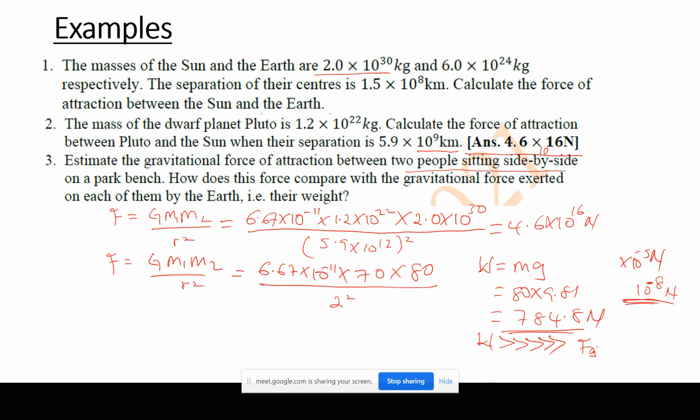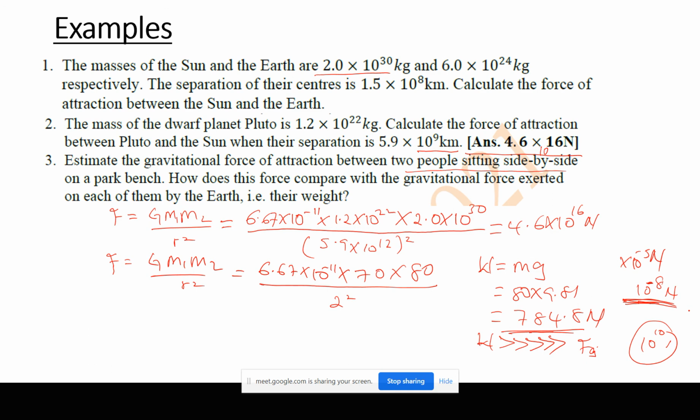In fact, you would even come up with a factor. By how many times is the weight bigger than the force between the two people? Just divide this by that, and you'll get about 10 power 10. So the weight is about 10 power 10 times bigger than the force between the two people.